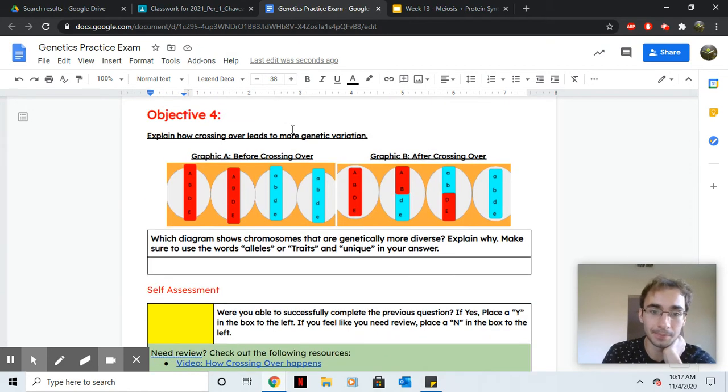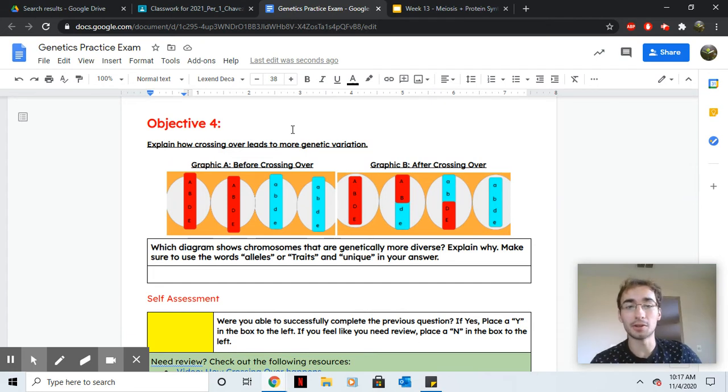Next, moving on. Explain how crossing over leads to more genetic variation. So we have before crossing over right here, after crossing over right here. Which diagram shows chromosomes that are more genetically diverse? Explain why. Make sure to use the words alleles, traits, and unique in your answer. So you should have noticed graphic B has more unique chromosomes.